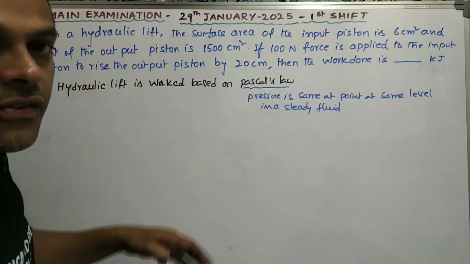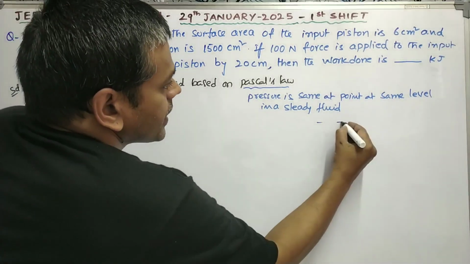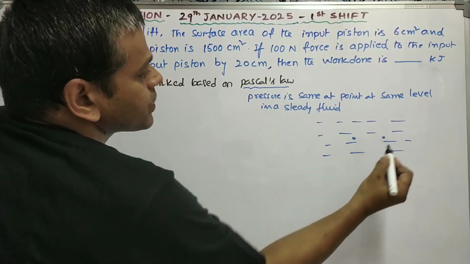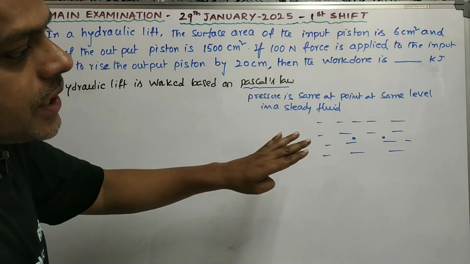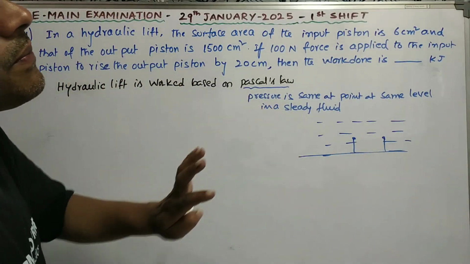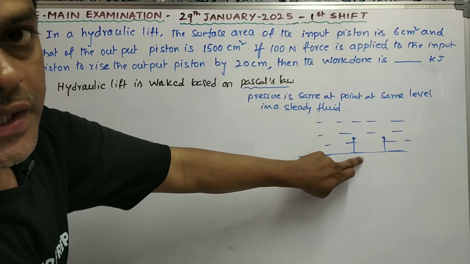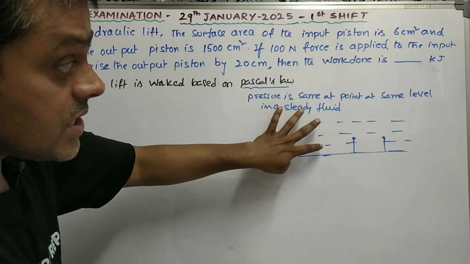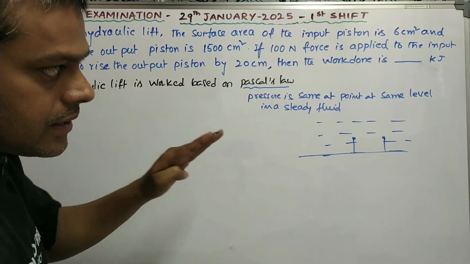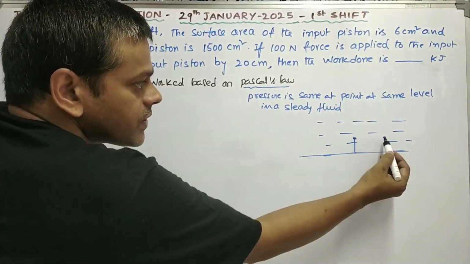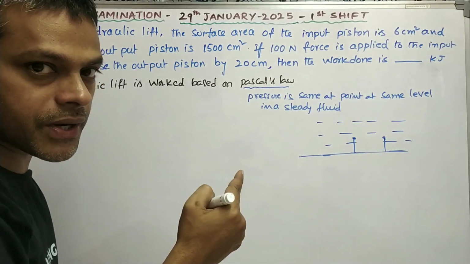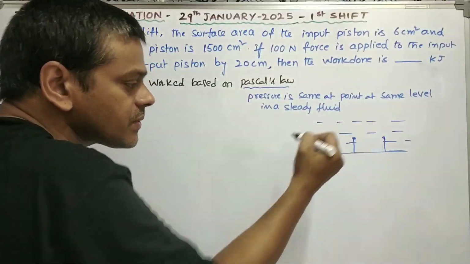That means when you take a fluid, in this fluid you can imagine two different points at different positions, but they are at the same height from the reference point. Basically, the basic condition of Pascal's law is that the fluid must be steady, at rest. In that fluid at rest, the two points are supposed to be at the same level compared to the ground as well as the surface.